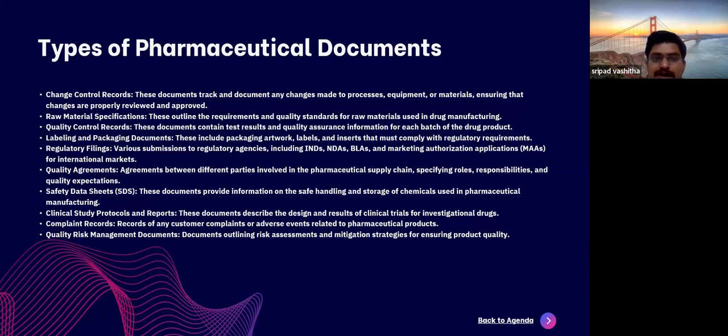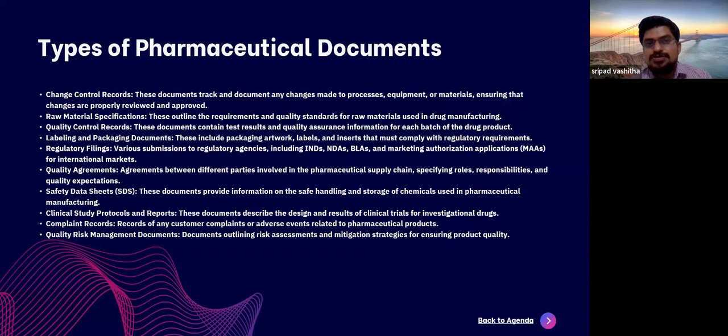Okay. Quality agreements. What are these agreements? These would be agreements between different parties. So in any system, if you have to run through, then certainly you need agreements, right? If you are buying raw material from a vendor, then obviously there would be an agreement on how they need to produce it for you. And if you are getting your products manufactured by a third party, right?